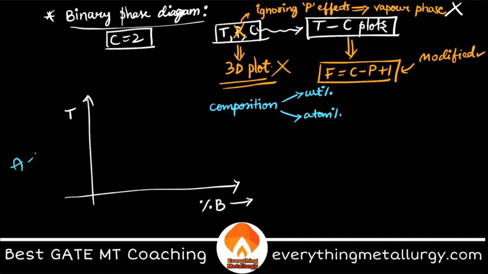Let's say you have an AB alloy. Here we are writing percentage B. That means here this is 100% A or 0% B. And similarly on the other end, you will have 100% B, that means 0 percentage A. This is how your concentration axis will look.